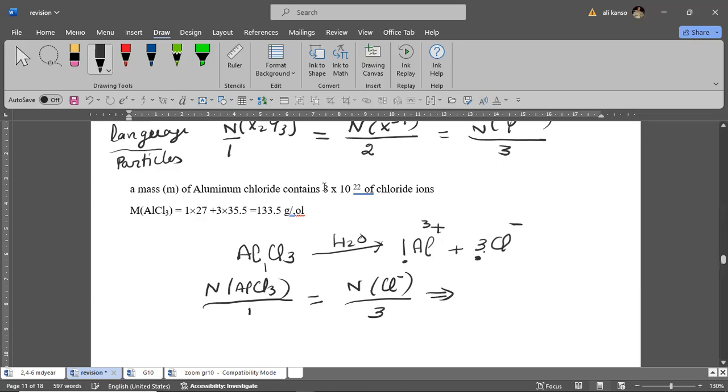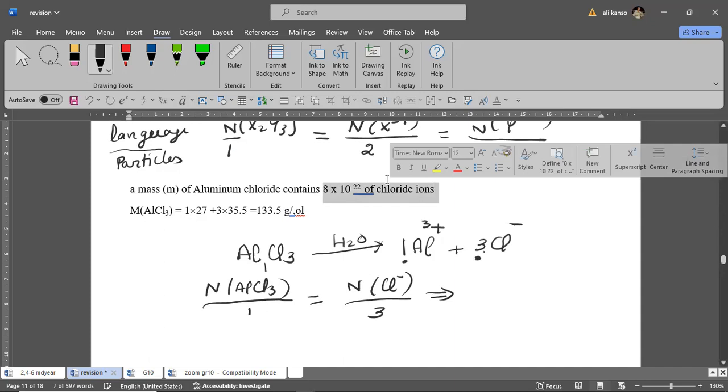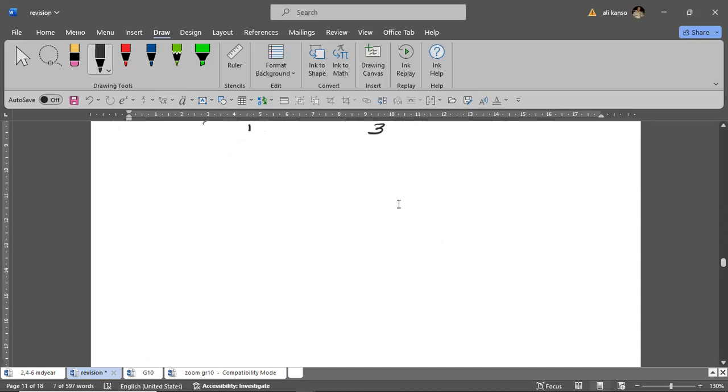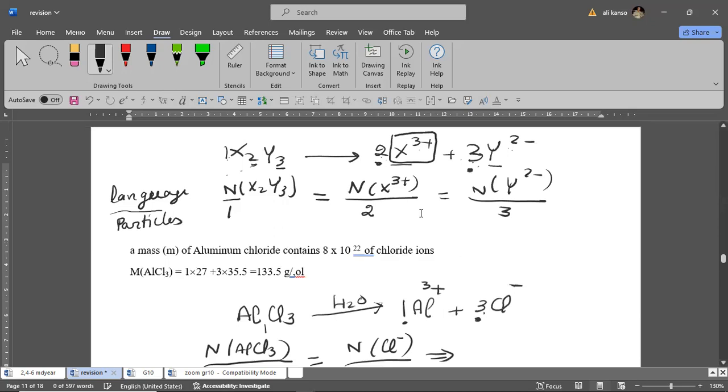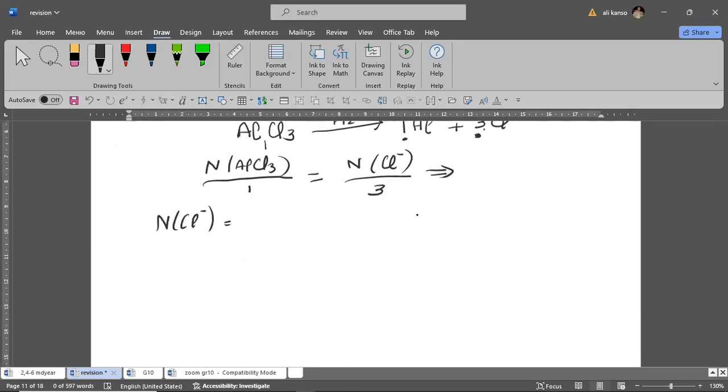We have given here the number of chloride ions. We are given that N of Cl minus is equal to 8 times 10 to power 22 chloride ions.